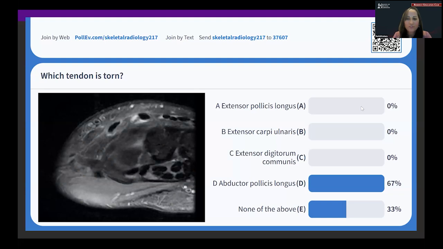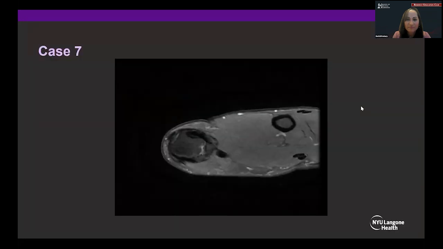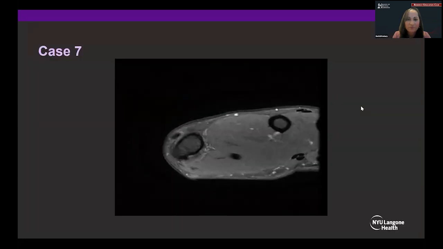Great, so we have about 2/3 for our abductor pollicis longus. Okay, now 80%. A few for none of the above. So review again.